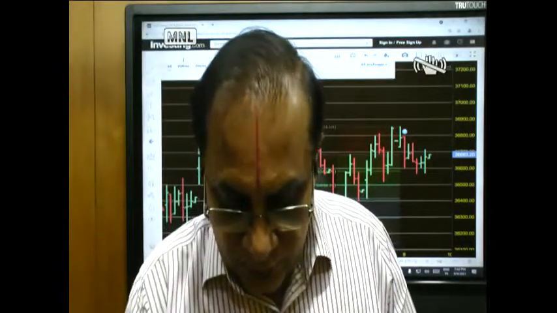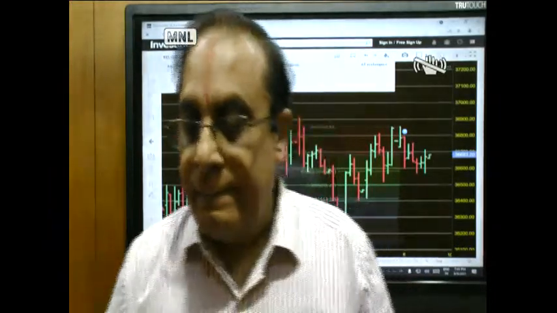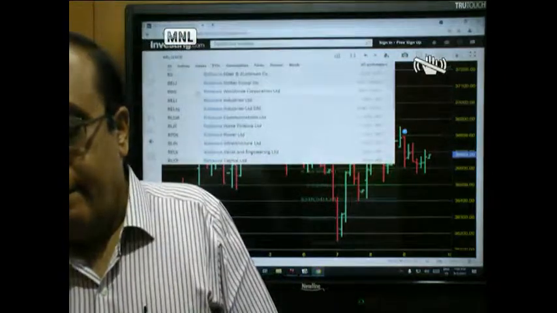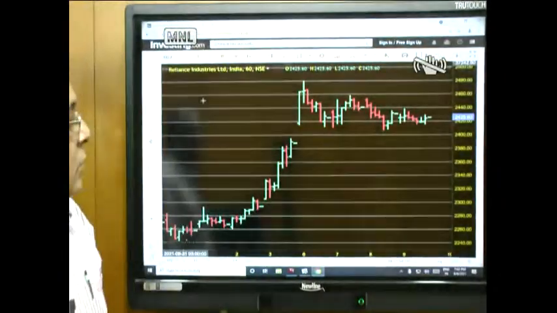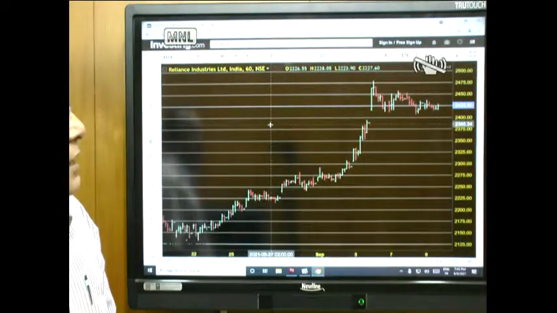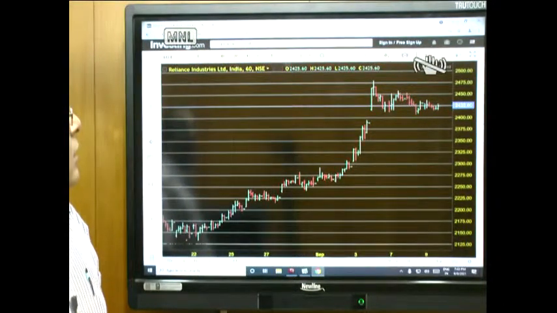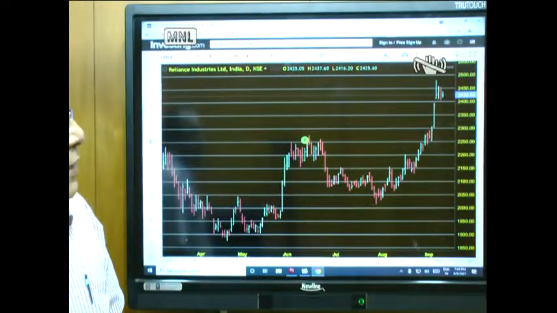Let's look at Reliance Industries. Reliance has had a breakneck rally right now. So I think if you go with the daily chart also, you will find it very difficult to get even a 23.5% retracement.